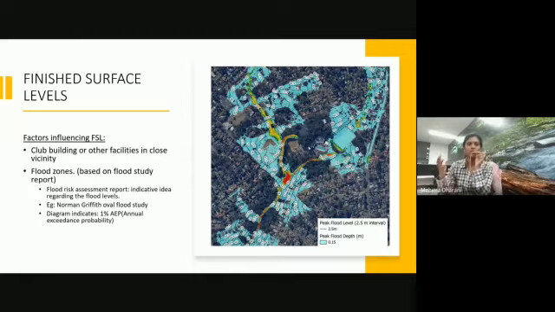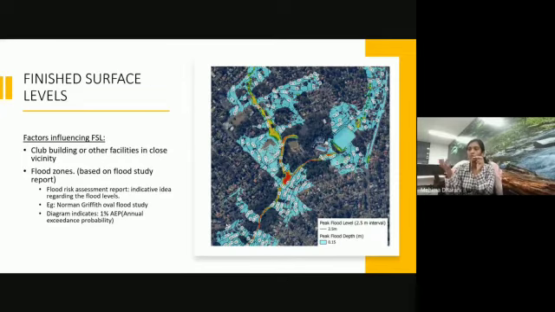The first basic thing is they'll go in and check all the existing infrastructure that's close by. Another factor is flood zones. When a council or local government is deciding to build a building, or even a sporting venue, and they are aware that historically that particular area has been prone to a lot of rainfall or flooding, they will go out to a consultant and ask them to prepare a flood assessment report.